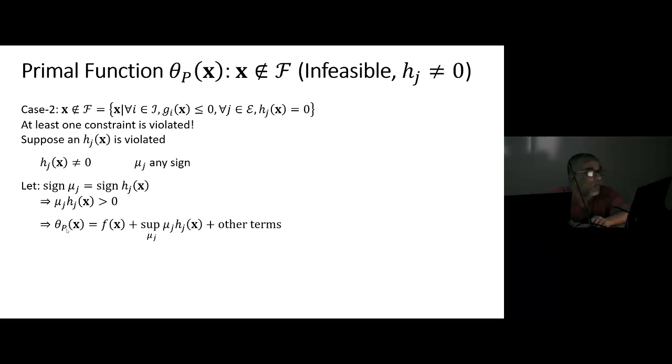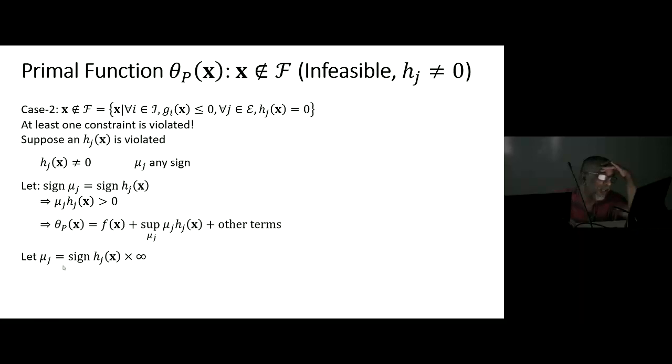Now, theta p of x is f of x plus, now we maximize with respect to mu j, this mu j H j. What happens? How do we maximize this? This is always greater than 0, as long as mu is not 0, and we are free to maximize with respect to mu j. All we have to do is let mu j be either plus infinity or minus infinity, depending on the sign of H j.